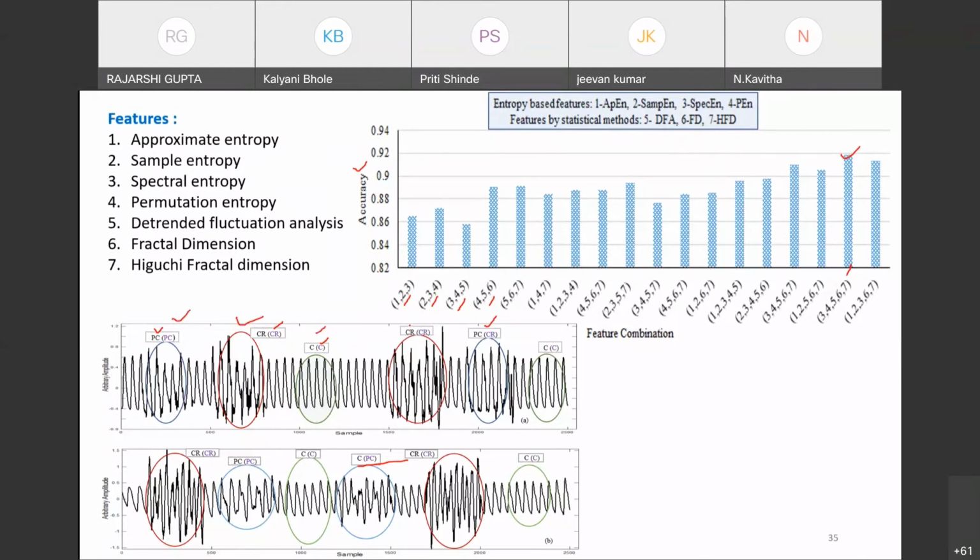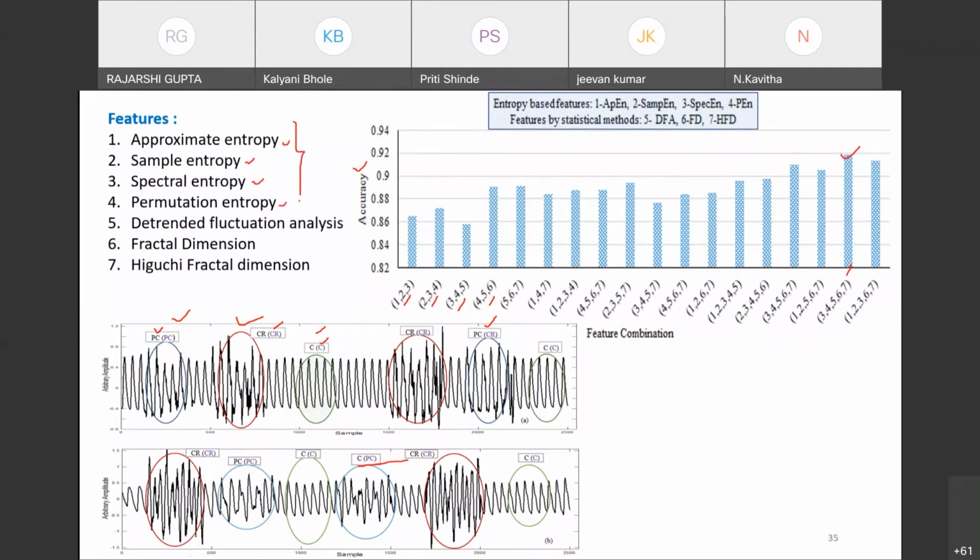So I have shown a very simple visual representation from 2 subjects. We collected data from 20 subjects with healthy control and 20 subjects with cardiovascular disease. These are the features. You can see that extensive use of entropy features was made, like approximate entropy, sample entropy, spectral entropy, permutation entropy.